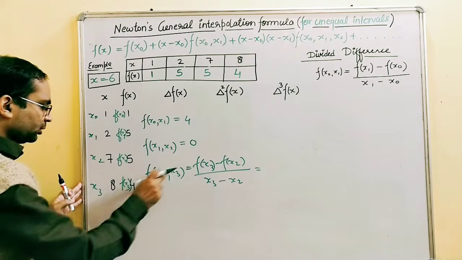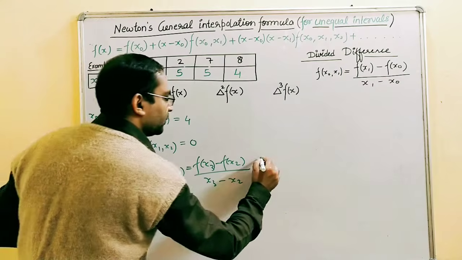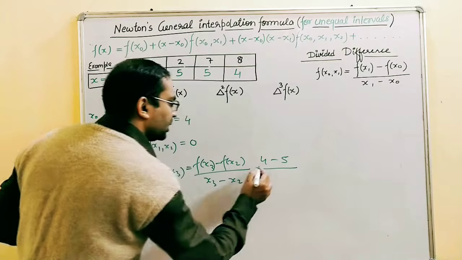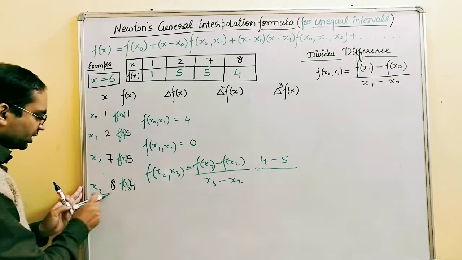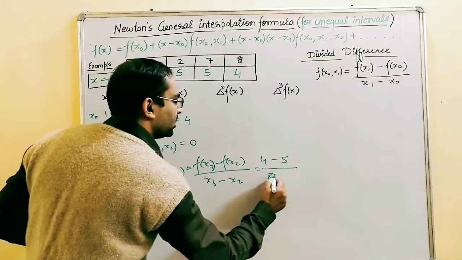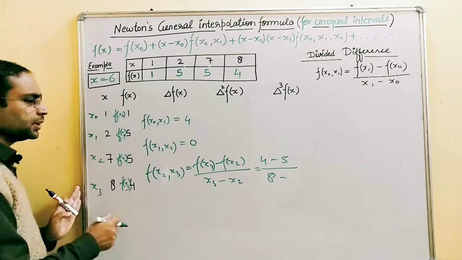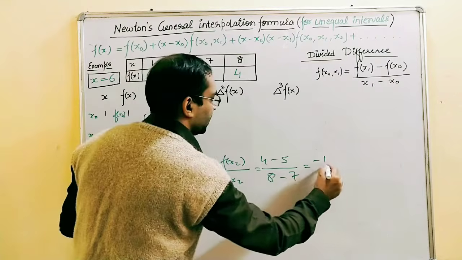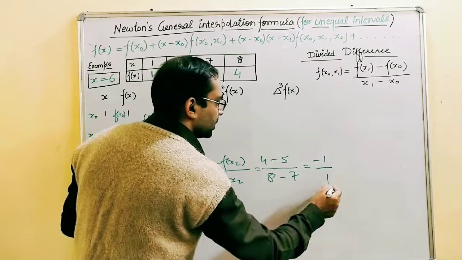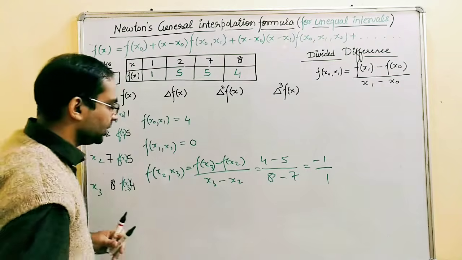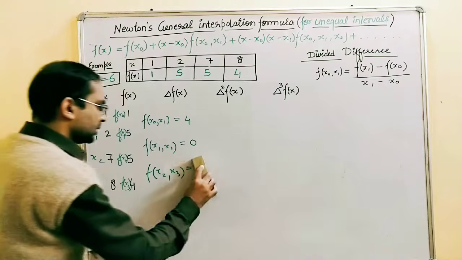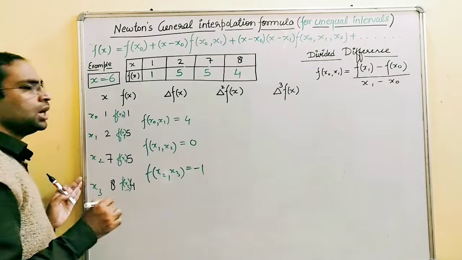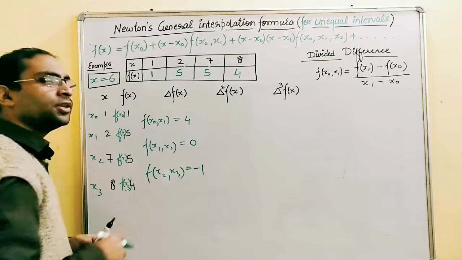F of x3 is 4, f of x2 is 5, x3 is 8, and x2 is 7. So now this is 4 minus 5, which is minus 1, divided by 8 minus 7, which is 1. So the result is minus 1. Let me write it here as minus 1. So this is the first divided difference.